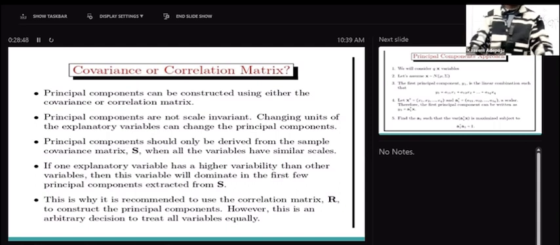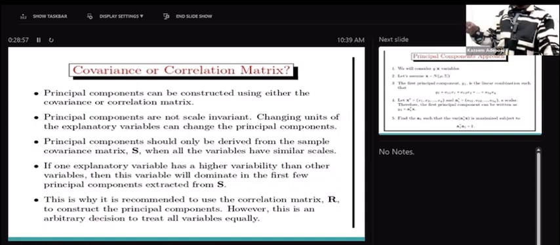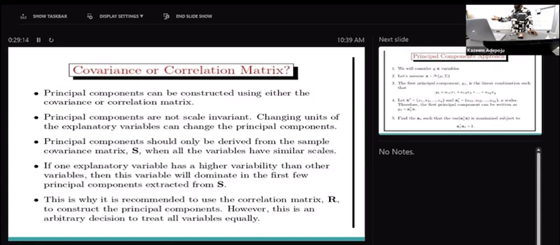And I say if one explanatory variable has a higher variability than another variable, then this variable will dominate the first few principal components extracted from S. You remember in a random effect model, when we're investigating variability, we use a random effect model, because a random effect model is a variance component model.